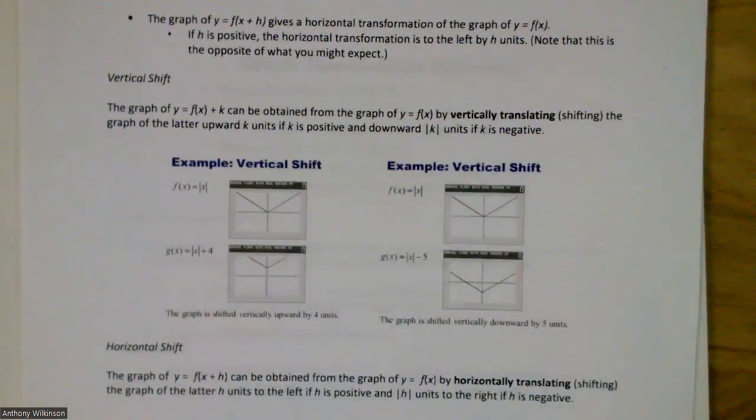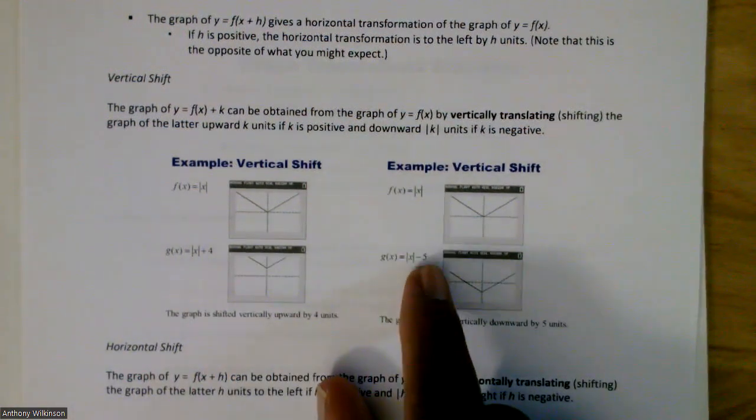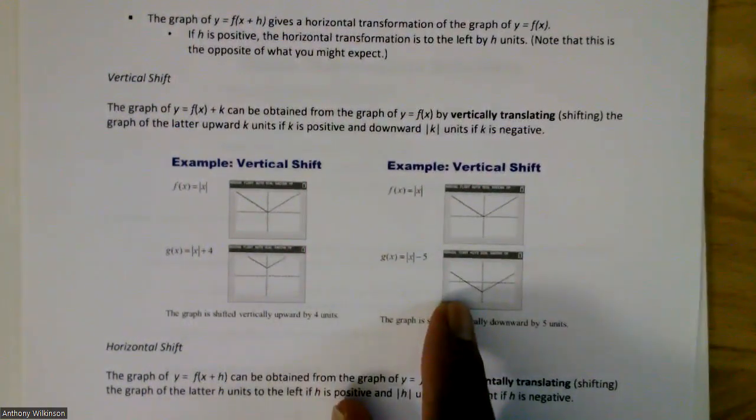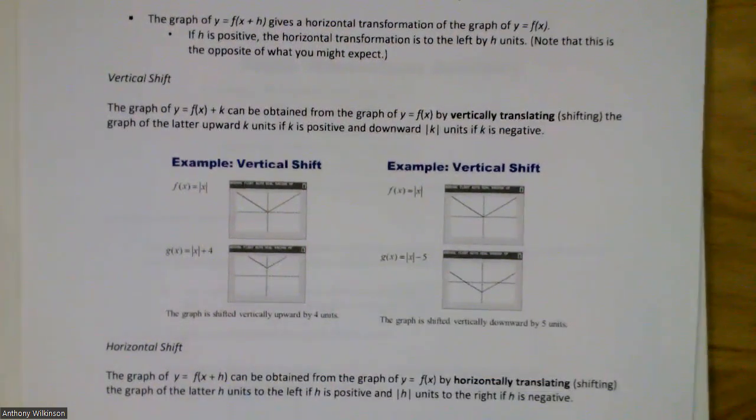Another example would be f of x equal to the absolute value of x. But this time, let's say g of x is the absolute value of x, and then we have minus 5 on the outside. You can see the difference between the graph of the absolute value of x and the graph of the absolute value of x minus 5. This graph has shifted downward vertically 5 units. Okay.